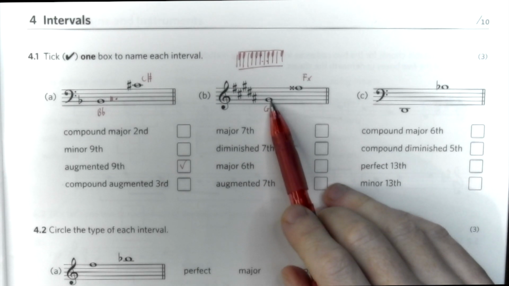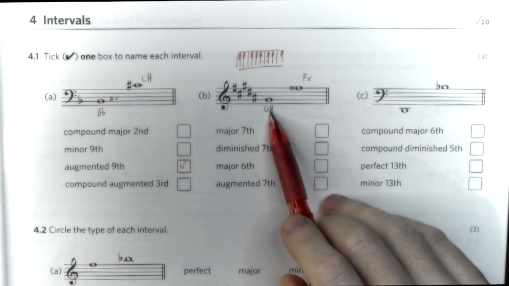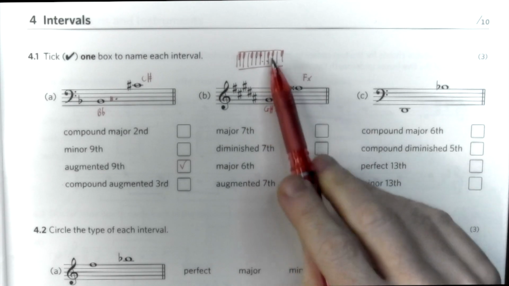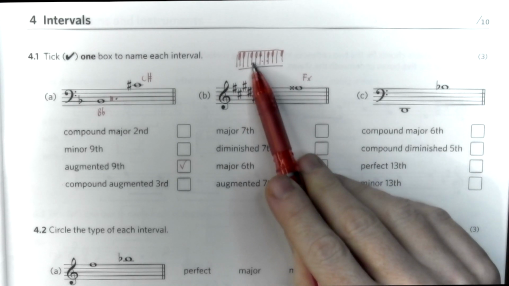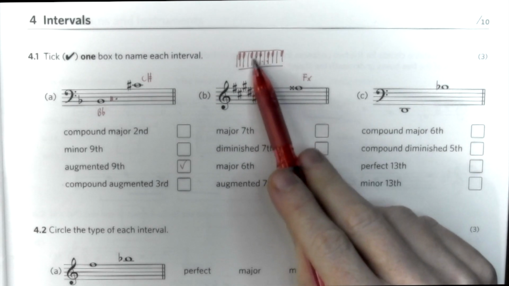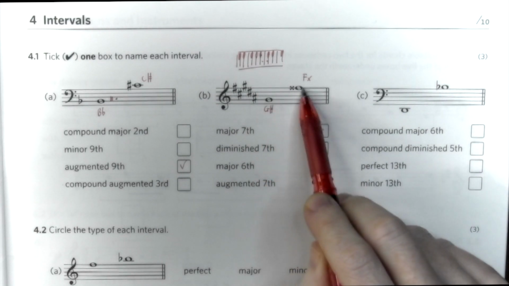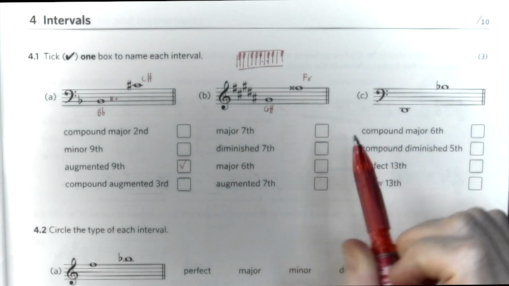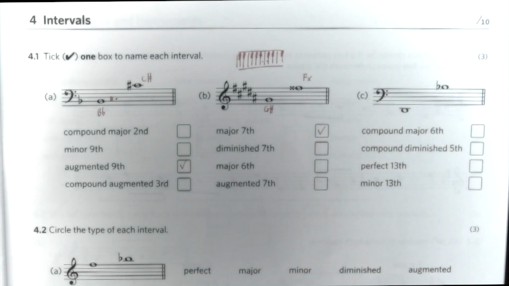The leading note is a semitone below the tonic, and in this case G sharp and Fa double sharp are a semitone distant, which means that this is a major 7th. So the answer is major 7th.